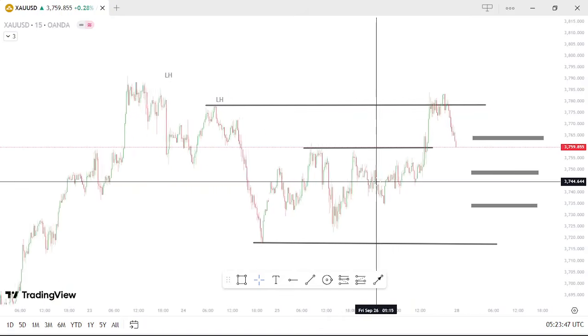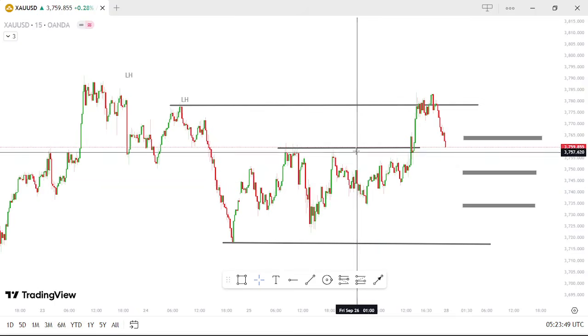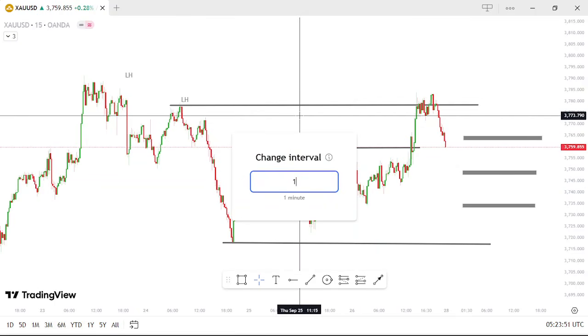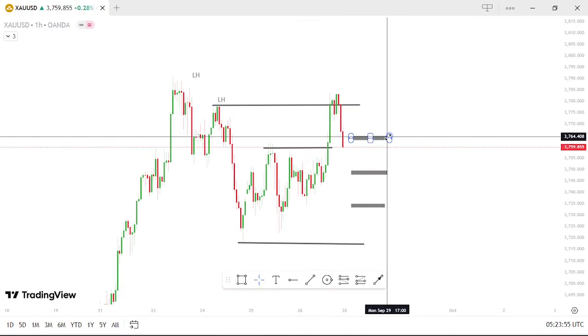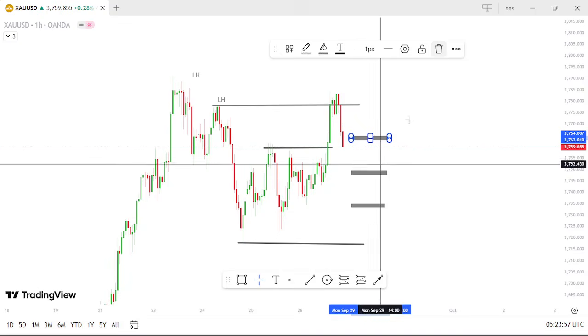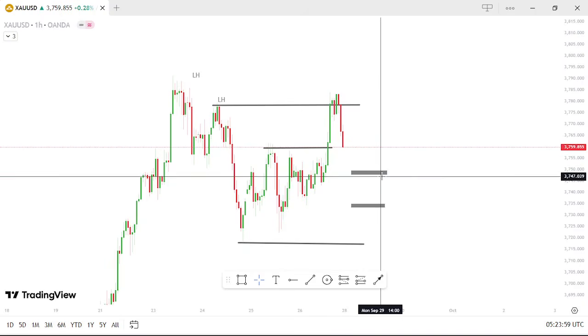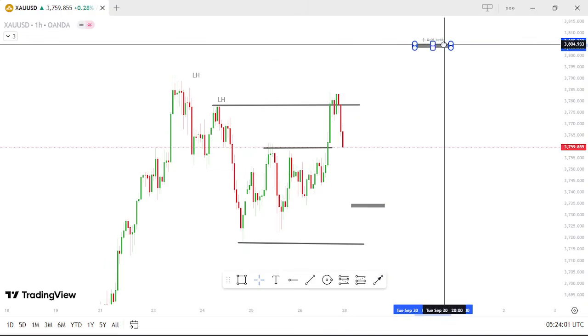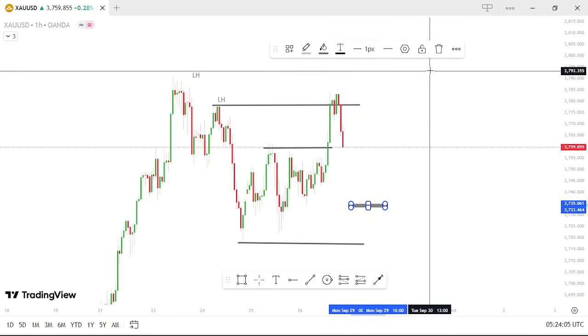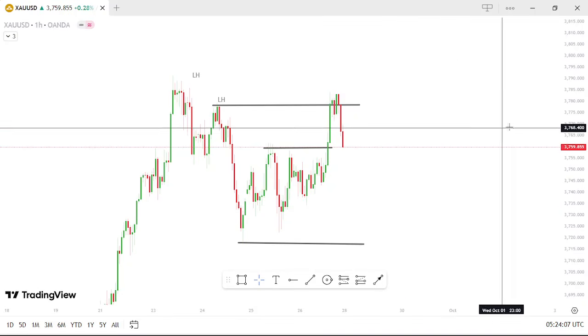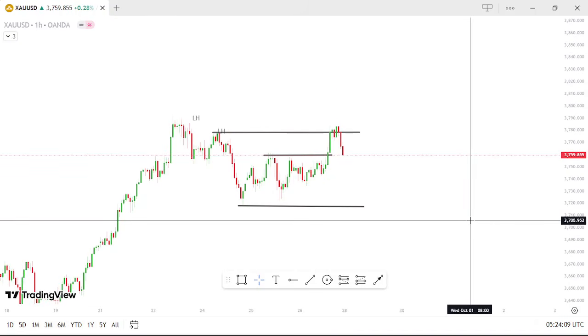And that's why I think gold is still in the correction phase, because if you look at the 1 hour time frame, back again on the 1 hour time frame, you're going to see that all this level is just a no trade zone in the higher time frame. That's why the higher time frame is always important, because it gives you a bigger picture.